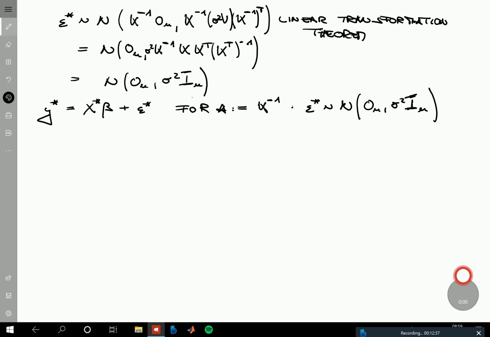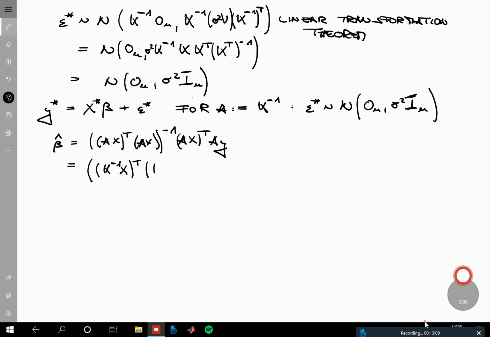Now, if we want to estimate the parameter in this transformed GLM, here this beta, then we of course need to apply our formula, which we've seen above, which evaluates to (AX)^T AX minus 1, (AX)^T Ay. Now we put in our K to the power of minus 1, which we assume is our A matrix for transformation.